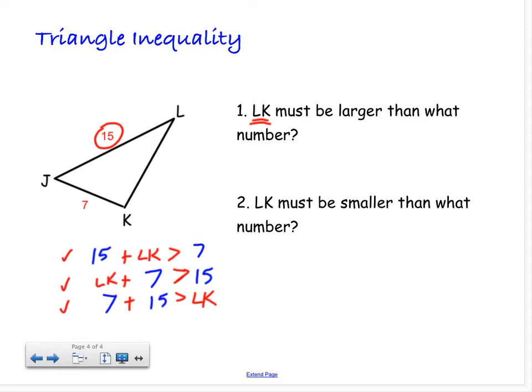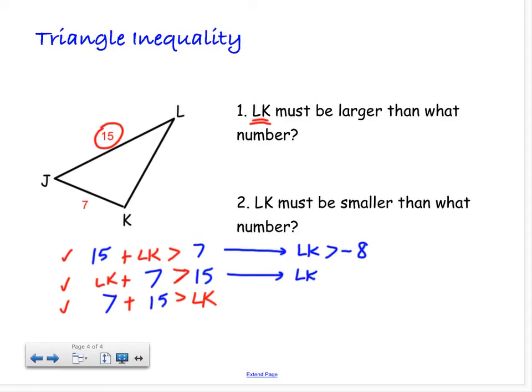Okay, so let's look and see what we can do with these. All right, I can solve all of these inequalities for LK. So if I solve this one by subtracting 15 from both sides, I'll get LK must be greater than -8. Well, of course it must be, because we can't have a negative side length, so that doesn't really do anything for us. Let's try this next one.